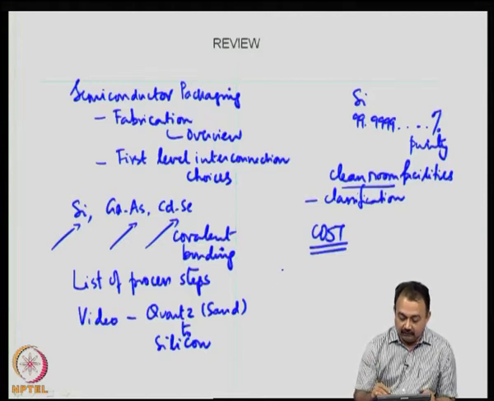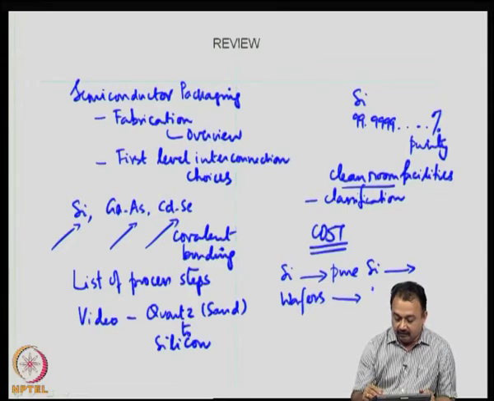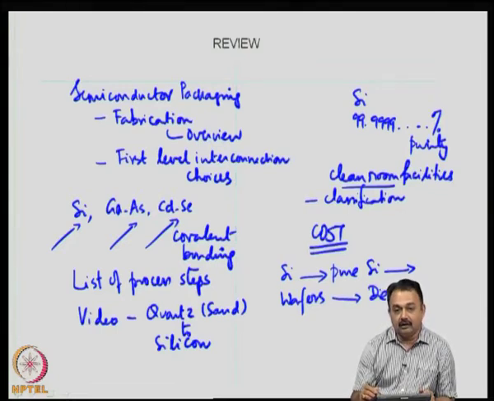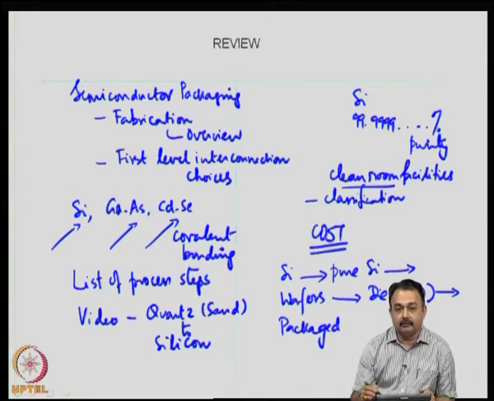So, the process flow is basically starting from silicon to formation of pure electronic grade silicon, then from there it goes to the formation of wafers, and from there formation of die, and this is basically known as a known good die, and from there the die is packaged, right.